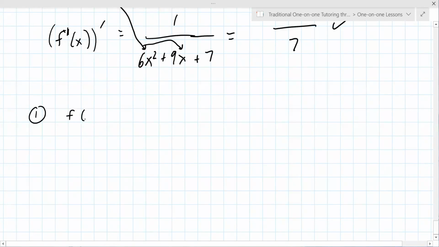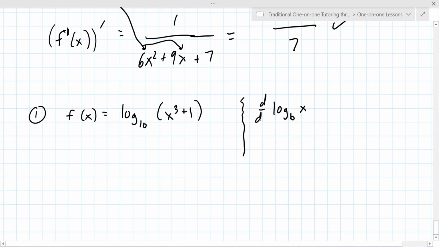So number 1 says f of x equals log base 10 of x cubed plus 1. I'm going to provide the derivative rule to the right to help here. Log base b of x, the derivative of that is 1 over x times the natural log of b. And if there's a chain rule, it's over here.